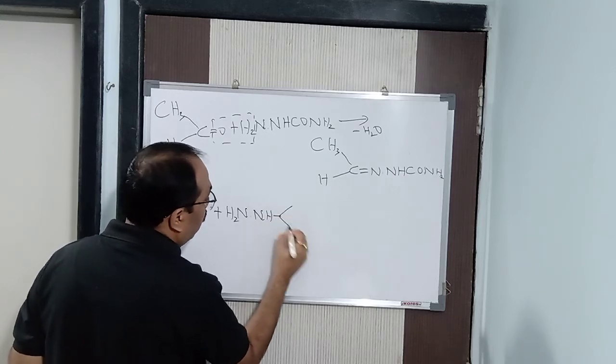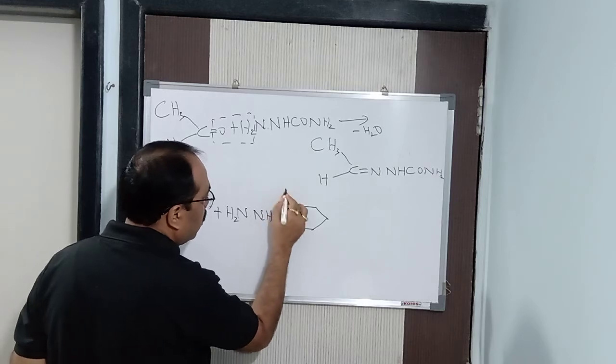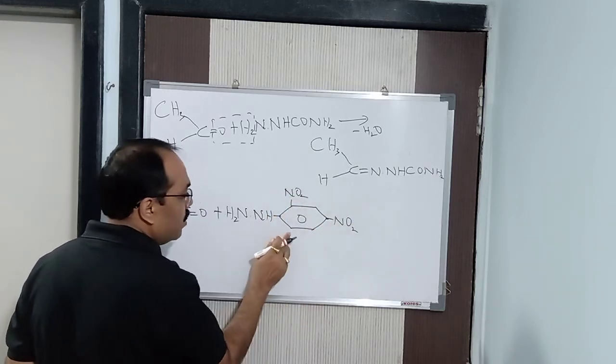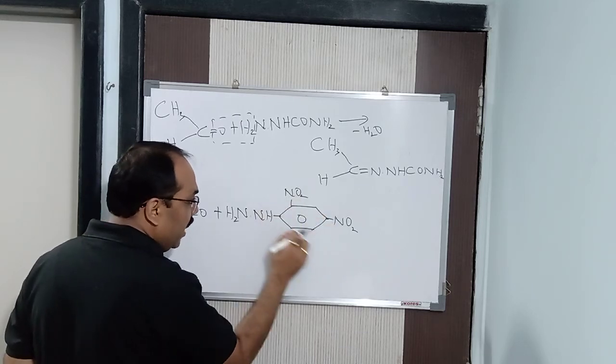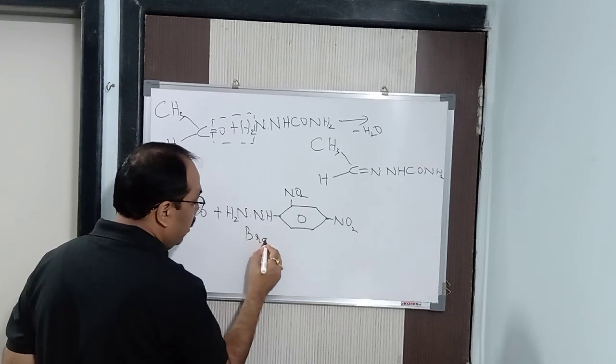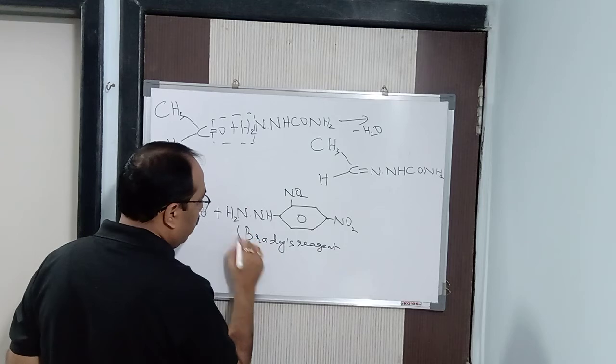So now, what is that? We are having a benzene ring. This is first, second position NO2 and fourth position NO2. So hence it is known as 2,4-dinitrophenylhydrazine, which is also called Brady's reagent. What will happen here?